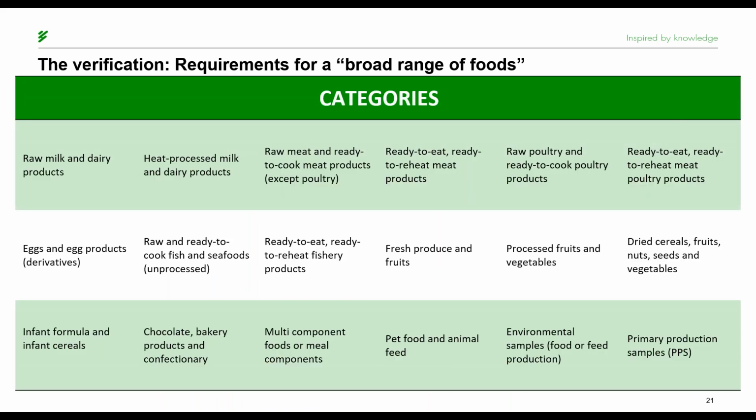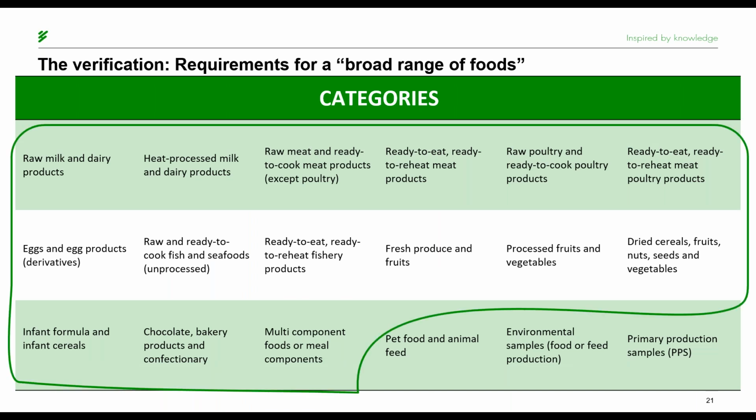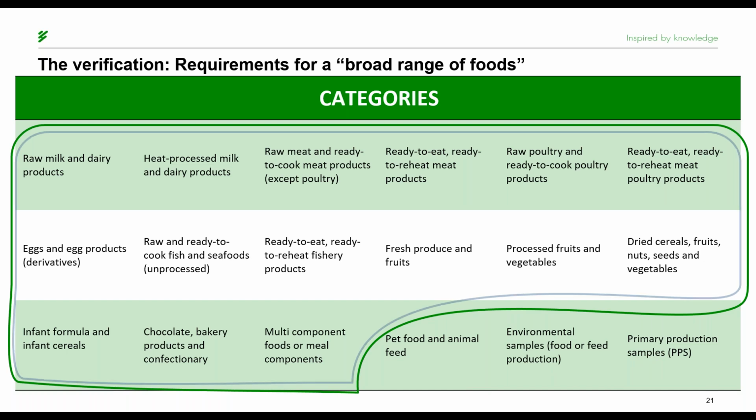Here we have, again, all our food categories. We have first in green, all the categories included within the scope of the method for a broad range of foods. We are excluding the other categories, animal feed and environmental samples. Then in blue, we have the categories included within the scope of the validation.